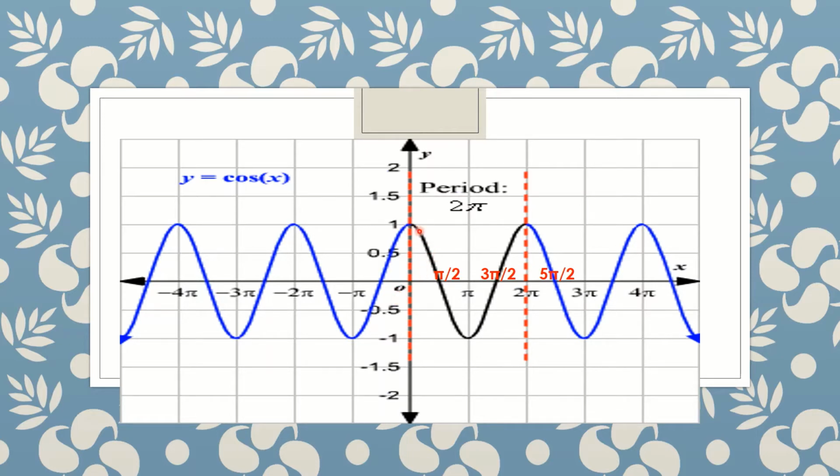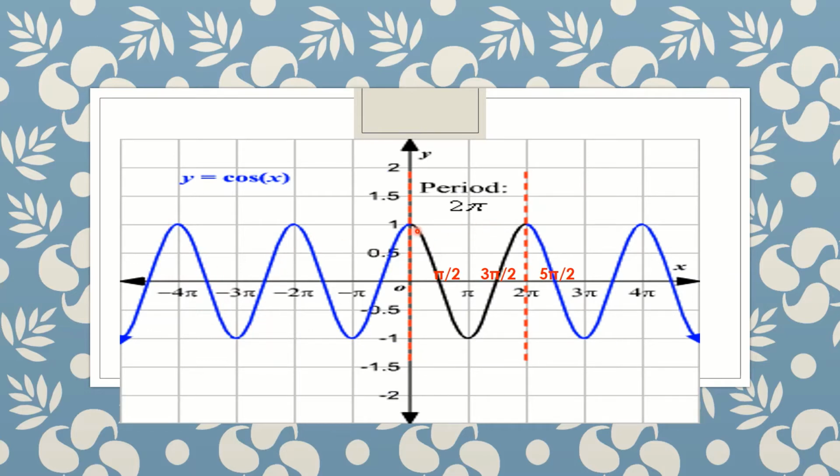It passes through pi over 2, then goes down and comes back, and intersects the x-axis at 3 pi over 2, then goes up and down again and intersects the x-axis at 5 pi over 2, and so on. Pi over 2 is 90 degrees, 3 pi over 2 is 270 degrees, and 5 pi over 2 is 450 degrees, and so on. If you want to move to the left side, you keep the same pattern.